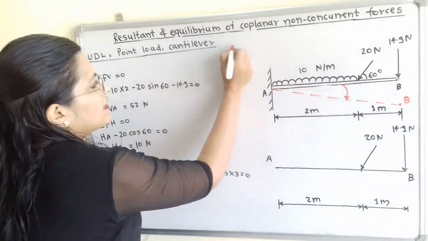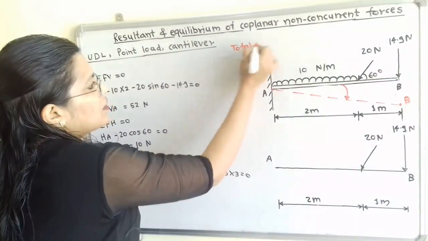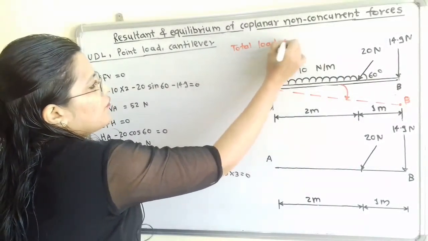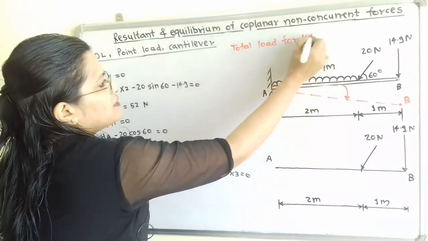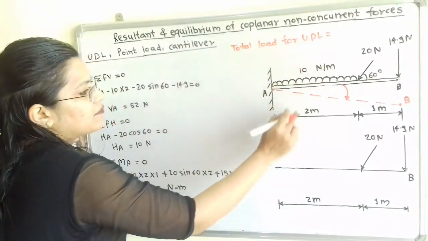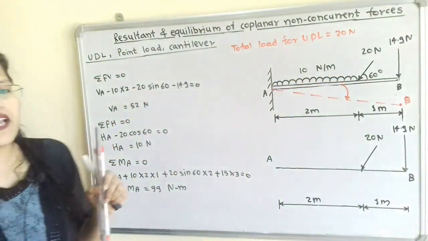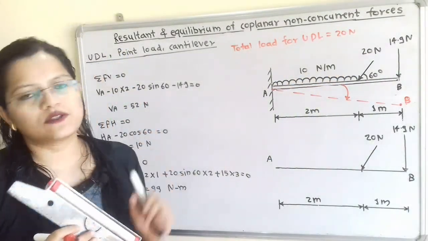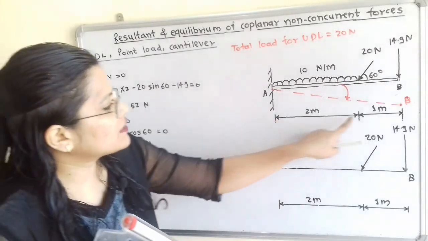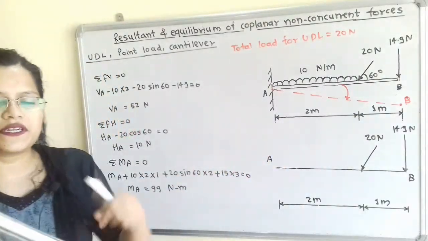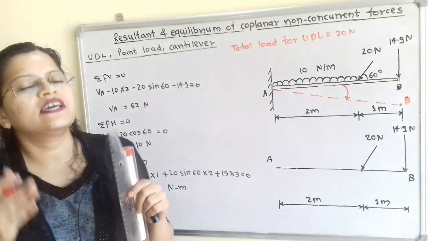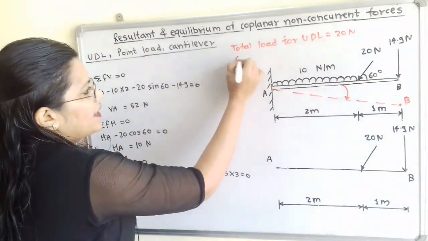I will write here total load for the uniformly distributed load is equal to 10 multiplied by 2, 20 Newton. Now what is the exact location of this load? The total length is 2 meters, so the exact location is known as the centroid.